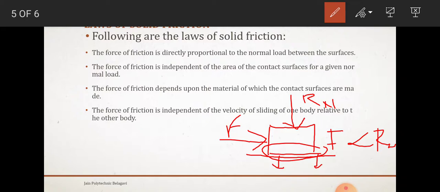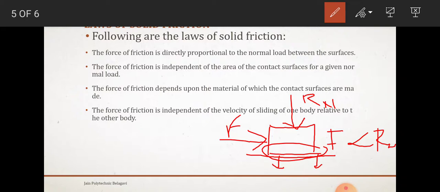The third law states that the force of friction depends upon the material of which the contact surfaces are made. That's what we discussed in the different scenarios. When it is on the road, it exhibits more friction. If the same part is placed on ice, it exhibits less friction.